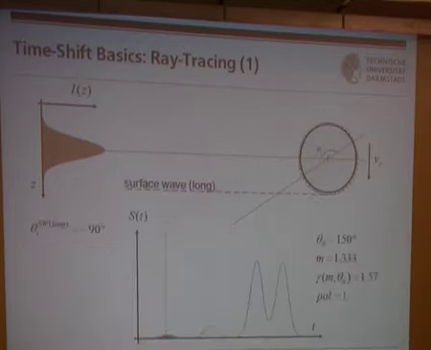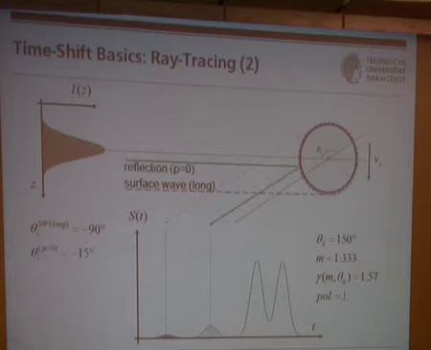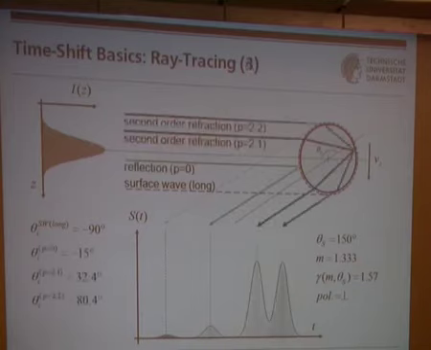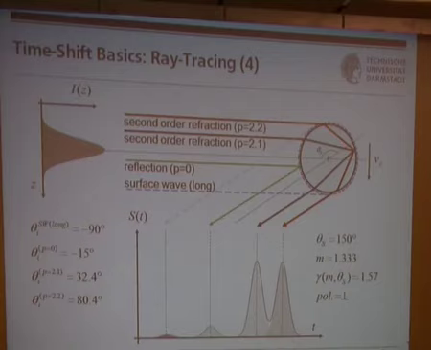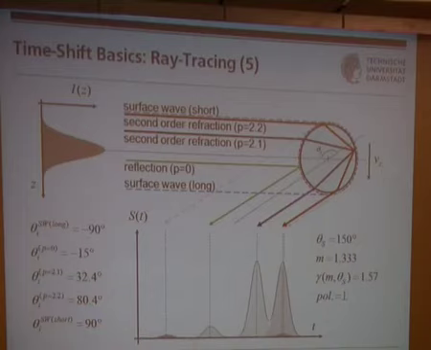Okay, let's look in detail at how the light scattering takes place. If the particle passes through the shaped light beam, at first the surface wave will be emitted. Secondly, the reflection takes place, and subsequently two modes of second order refraction, as you can see, which are followed by the surface wave.